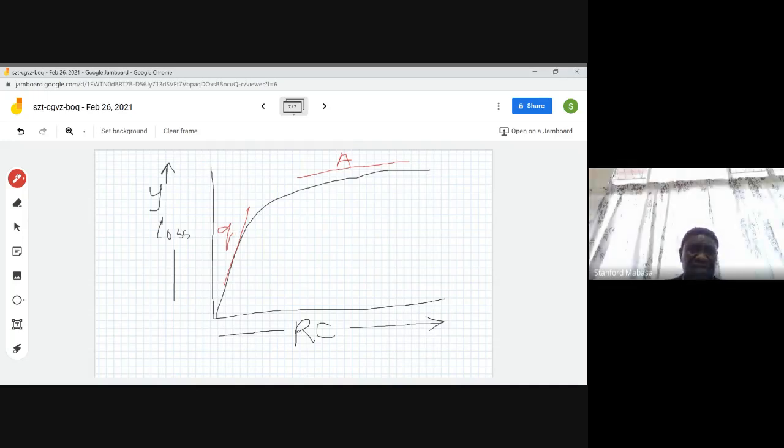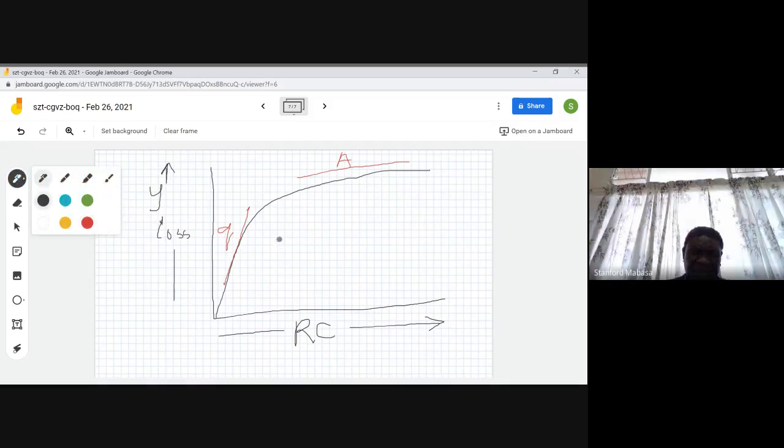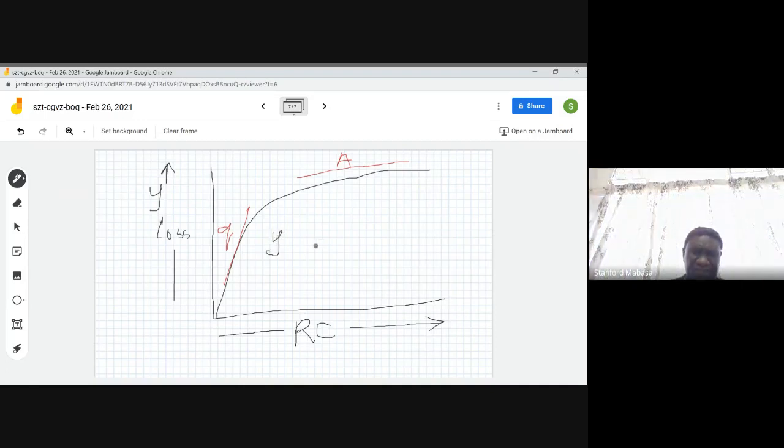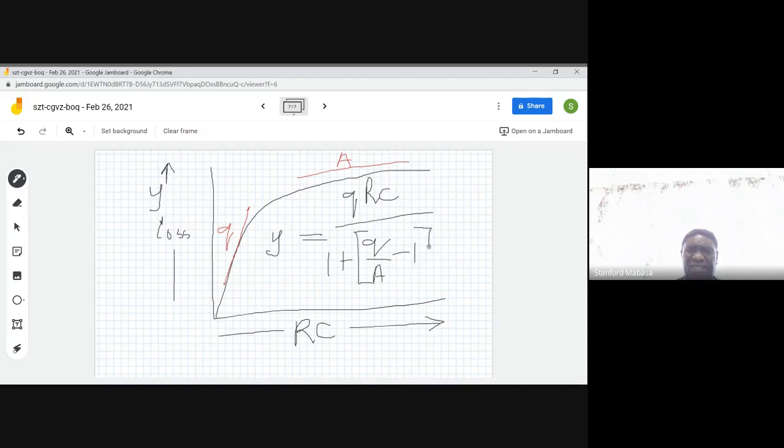So according to Croft and Spitters, you could then express the yield loss like this: Y equals Q multiplied by RC, everything divided by 1 plus, in brackets, Q over A minus 1, everything in brackets, then multiplied by RC.